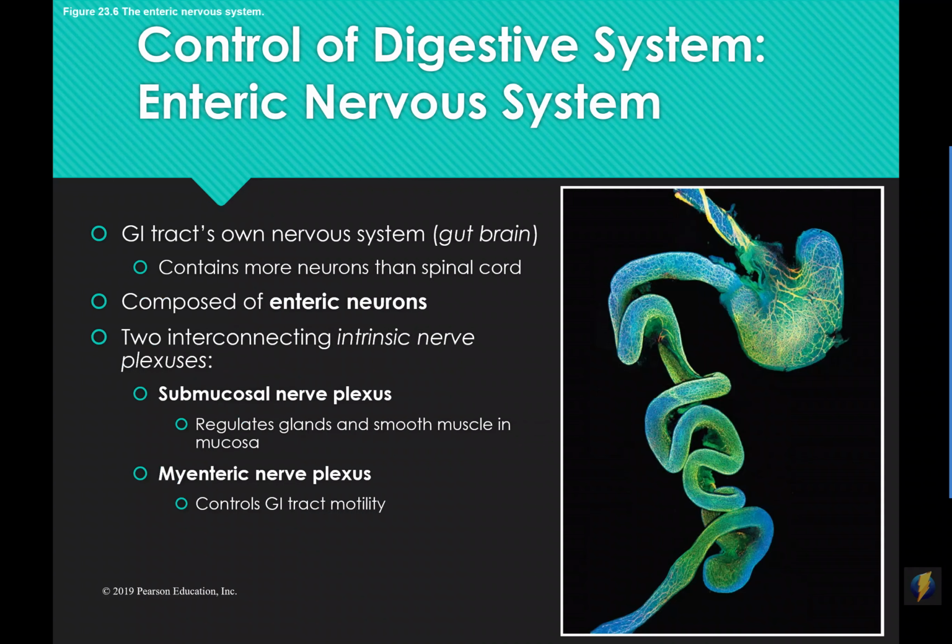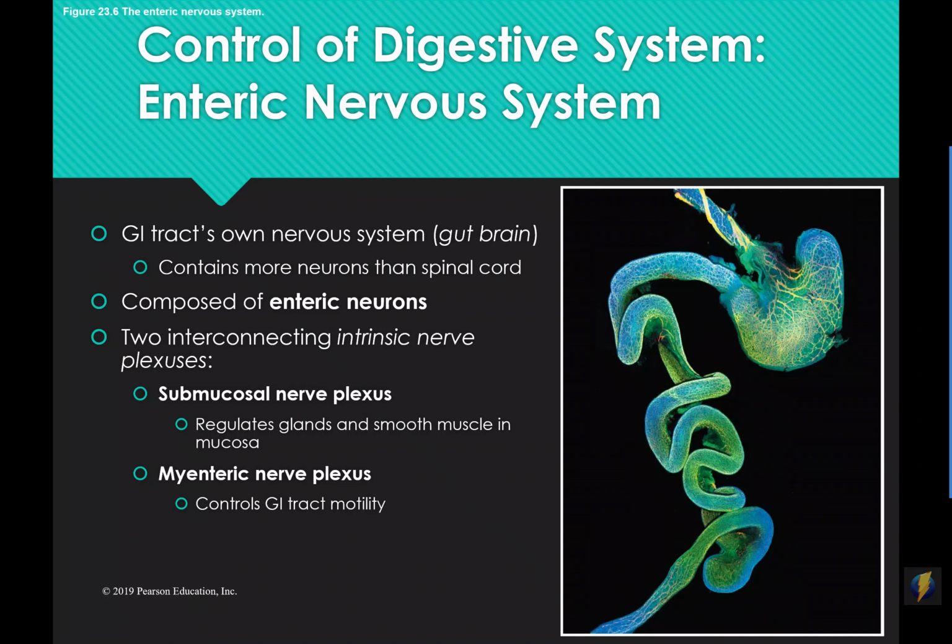In terms of the nervous system of the digestive tract, well, here's some crazy news for you. Here's another little fun fact. You actually have more neurons in and around your digestive system than you do in your spinal cord.